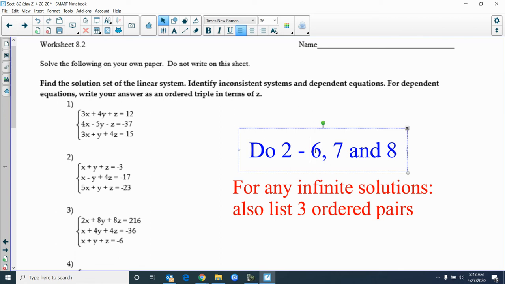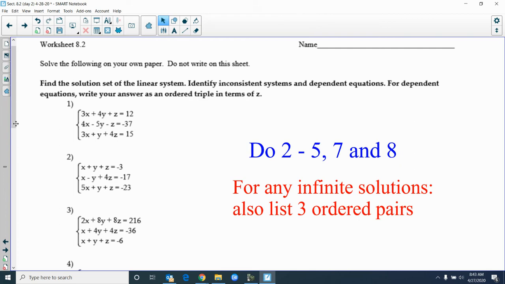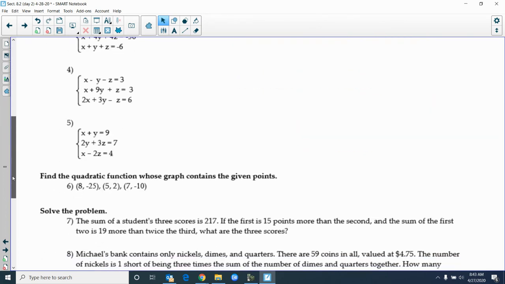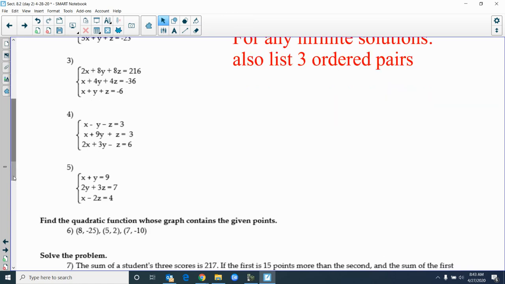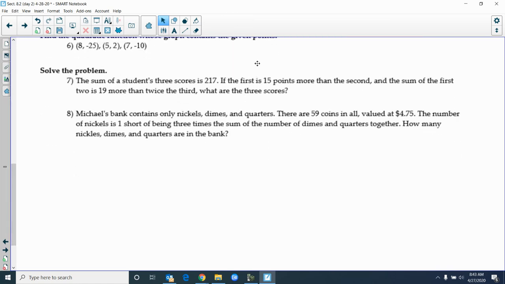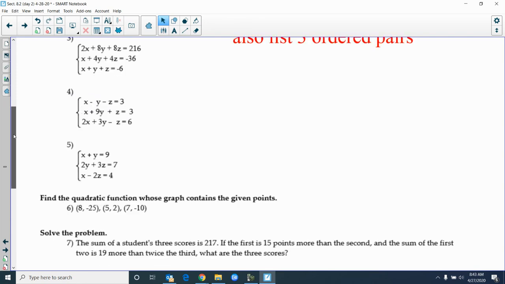Don't do 6, because we actually didn't even talk about 6, and if you try to do it, you better look it up in the book for fun. So do 2 through 5. That's 1, 2, 3, 4. And then 7 and 8. Here's 2 word problems. Set them up. Solve them either substitution or elimination, okay? Substitution, elimination. When you get stuck, come to a Canvas conference. We can go through it.